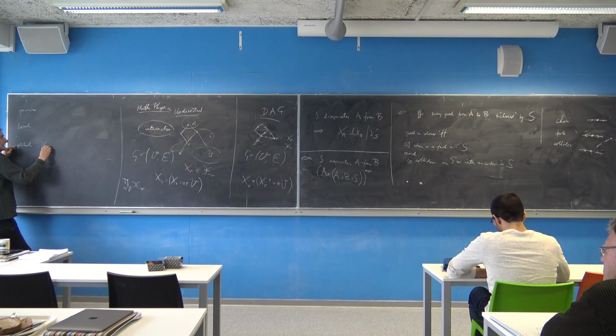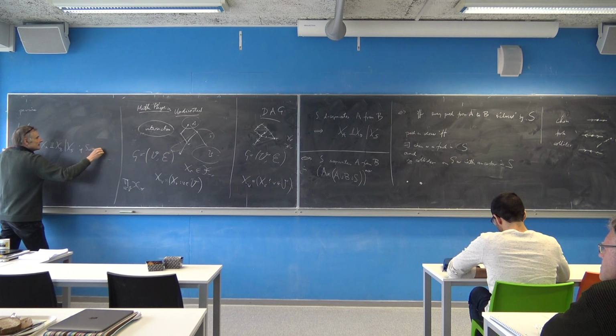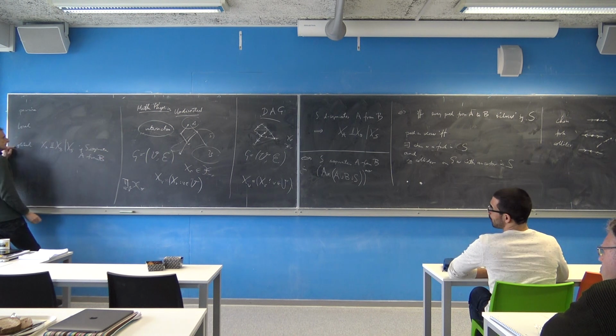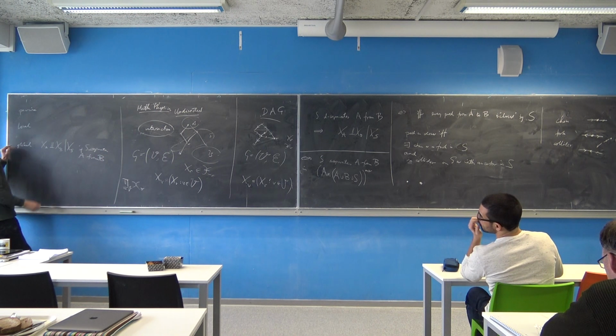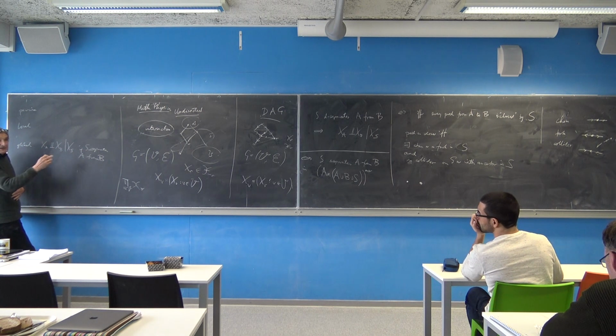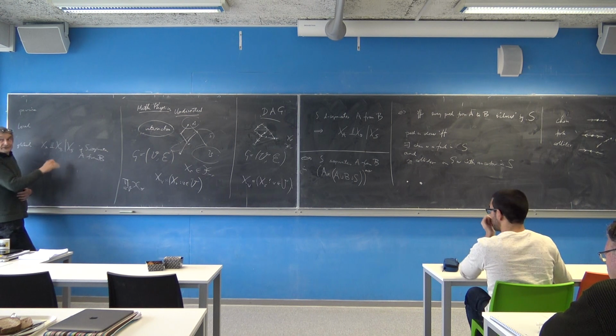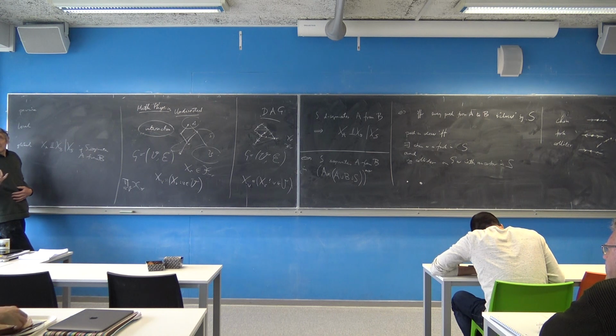So X_A is independent of X_B given X_S if S separates A from B. And if this is true for all A, B, and S such that S separates A from B, then we say the joint probability distribution satisfies the global Markov property. And we can immediately deduce lots more conditional independencies by using those basic rules.